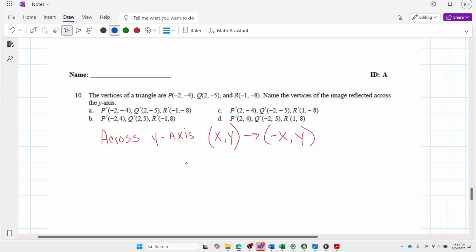So P prime will be at opposite of x, which would be positive 2, and y stays the same, negative 4. Q prime is going to be at opposite of x, which would be negative 2, and y stays the same.